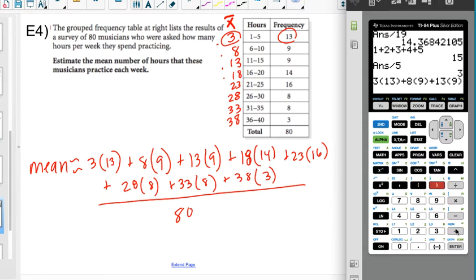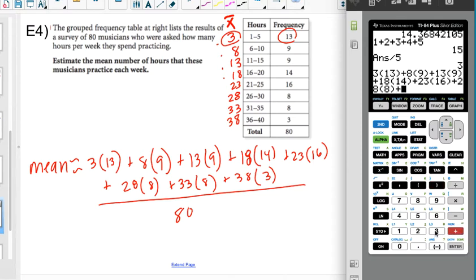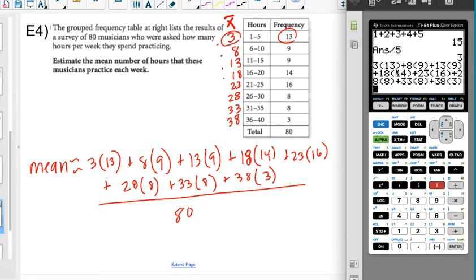8 times 9 plus 13 times 9 plus 18 times 14 plus 23 times 16 plus 28 times 8 plus 33 times 8 plus 38 times 3. And double check that that's right because that's a lot of numbers.